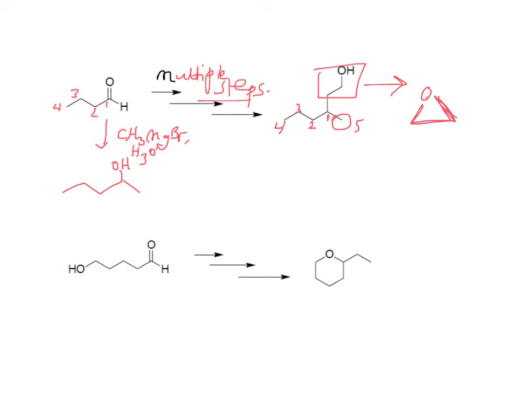But the ring opening has to be done if this particular carbon atom has a more carbanion-like character, because realize that between oxygen and carbon, oxygen is electronegative, and so that makes carbon more positive. That means somehow I have to generate a carbanion-like character at that particular carbon. How can we do that?